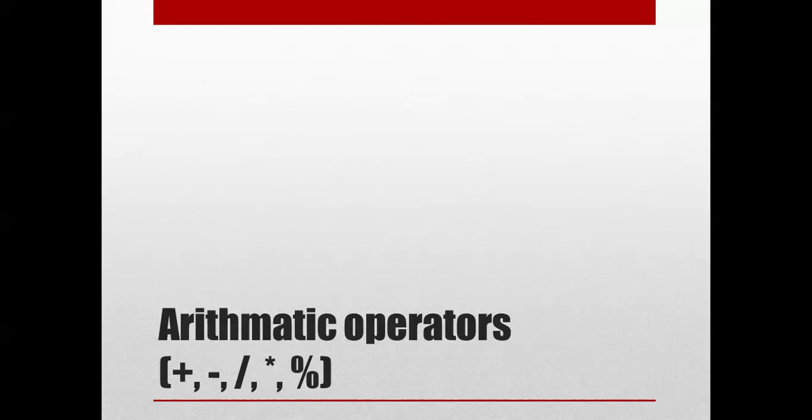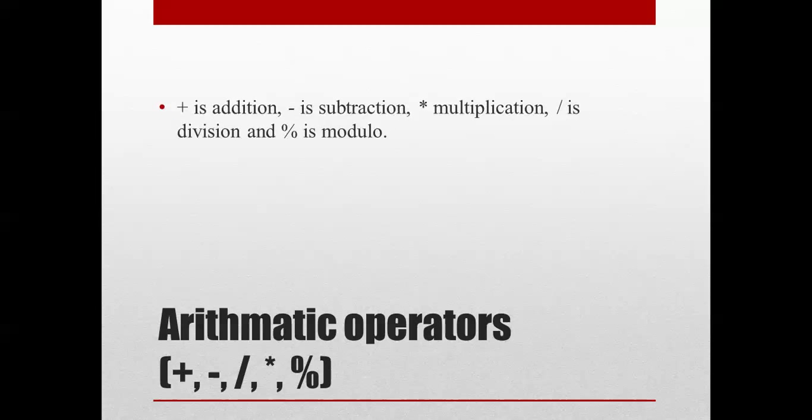Alright, now let's go to arithmetic operators. This might also be pretty straightforward. Basic mathematics. Plus is addition, minus is subtraction, asterisk is multiplication, slash is division, and percent is called modulo, or modulus.